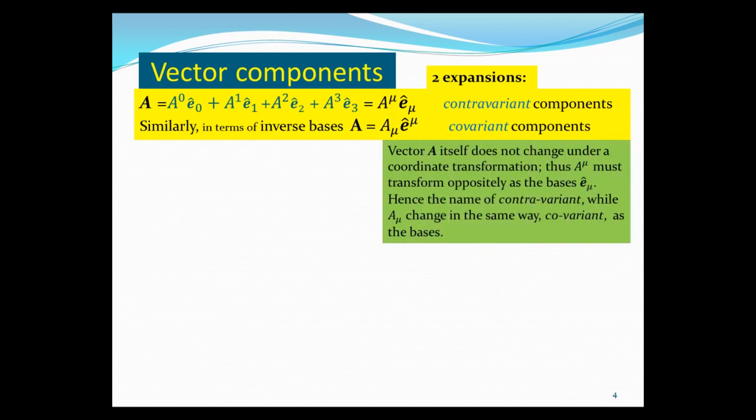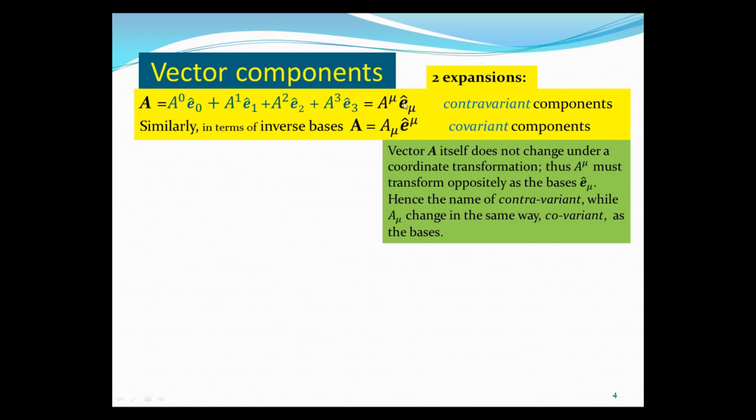Well, why such funny names? Because the vector itself does not change under coordinate transformation. Remember we talked about doing passive coordinate transformations. The object itself does not change, but its component projections on the basis, on the axes, change. Therefore, A^mu will change, but it must change in a way opposite to the change of the basis, because when they multiply together they get A, which does not change.